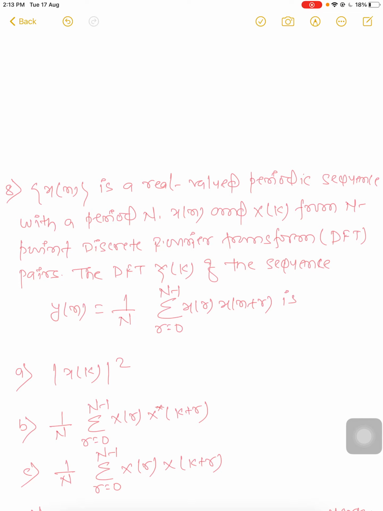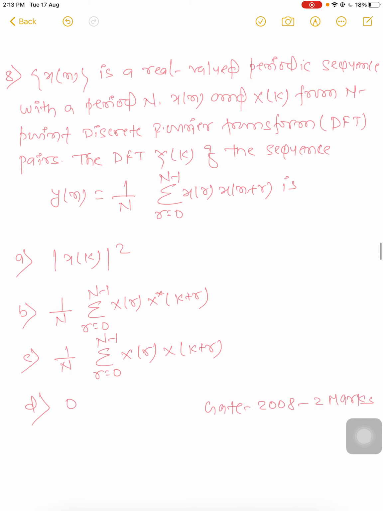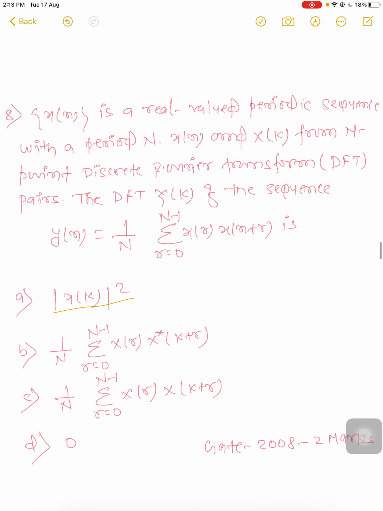Now, x[n] is a real-valued periodic sequence with period N. x[n] and X[k] form an N-point discrete Fourier transform (DFT) pair, where the DFT Y[k] of the sequence y[n] is given as the complex conjugate.